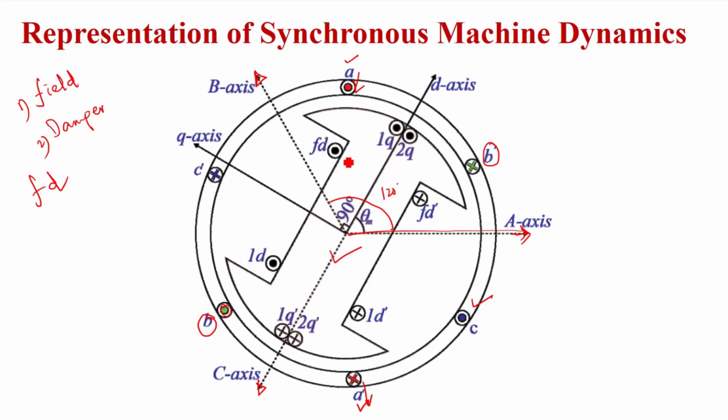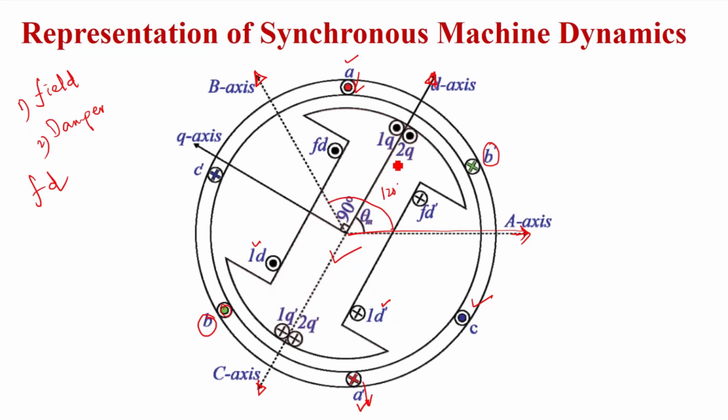The magnetic axis of the field winding FD and FD dash will be here, in the D axis. Similarly, if we consider one damper winding on the D axis, that is 1D and 1D dash, then the magnetic field axis will lie here, the D axis.